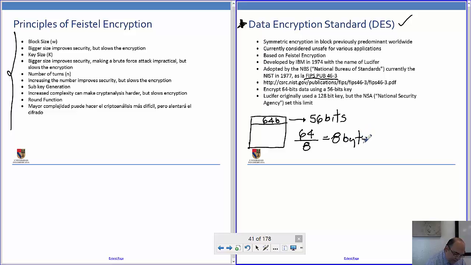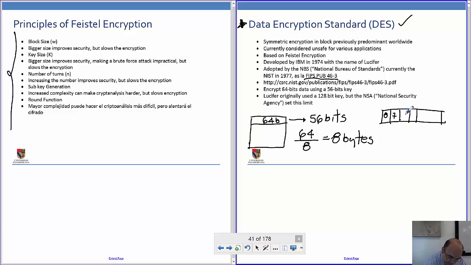Yes. So each byte, I'm going to draw 1 byte. This is 1 byte. How many bits does it have? This is 8.